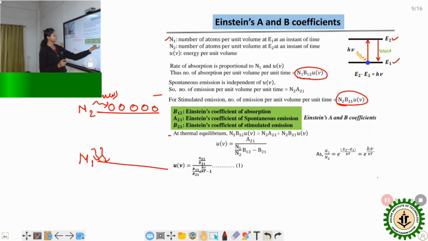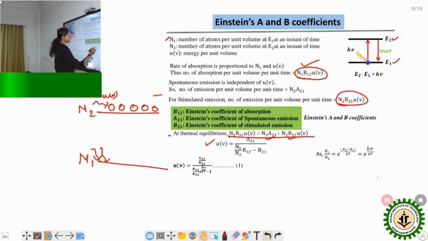That's why we have written down this equation. This is the absorption. As many atoms go to the higher excited state, that many atoms will come to the lower state, due to spontaneous emission and stimulated emission. And from this equation, we find the value of U(ν).